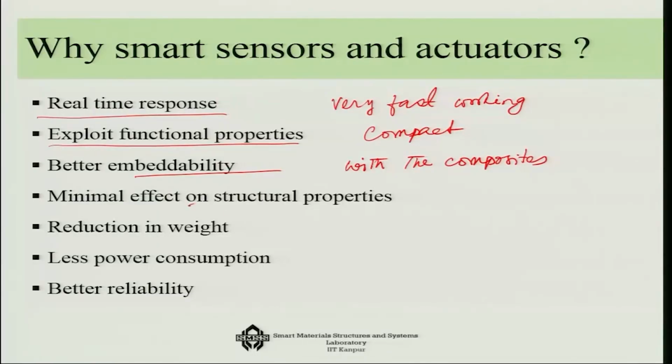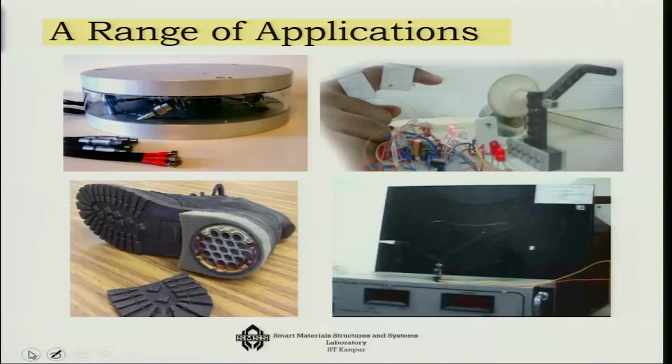It has minimum effect on structural properties. Some of the smart materials are quite good in terms of their structural properties. Reduction in weight, of course, less power consumption, and better reliability. So these are all the driving factors why smart materials are increasingly being used for developing sensors and actuators.